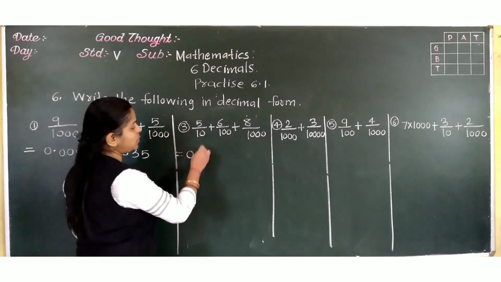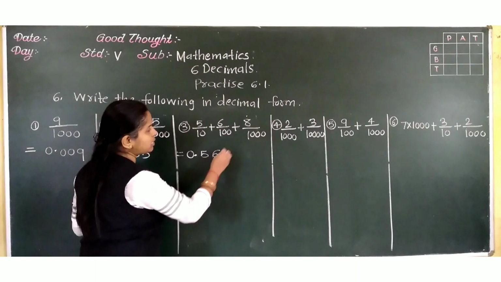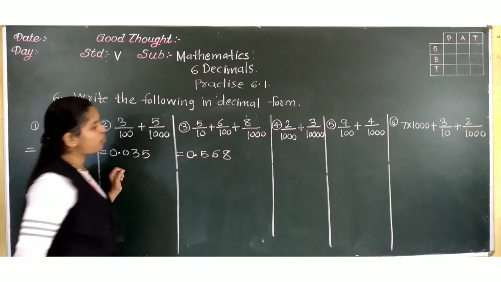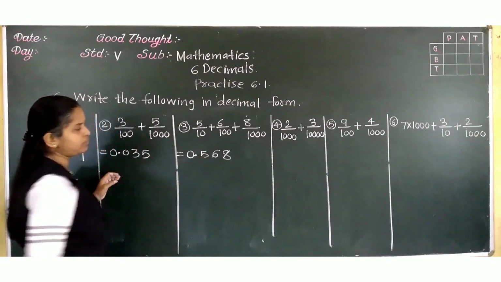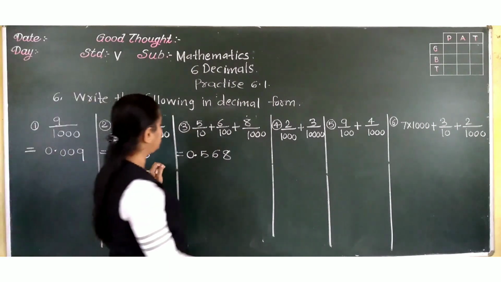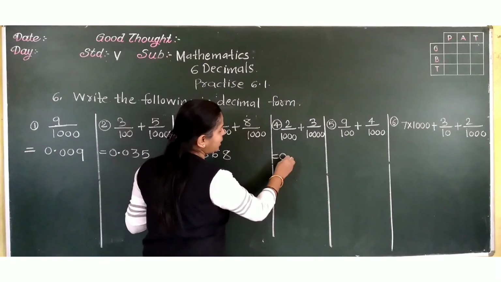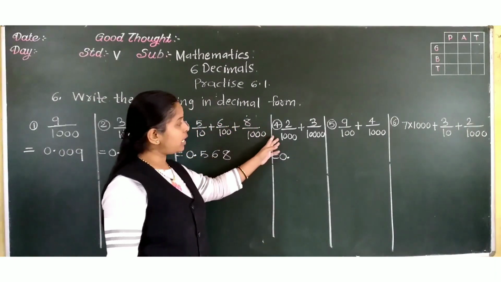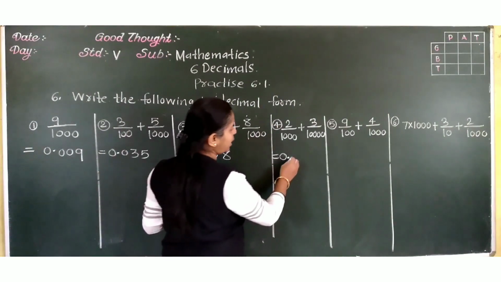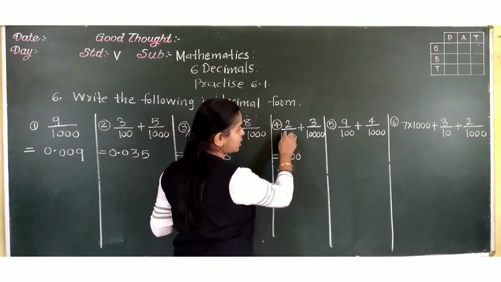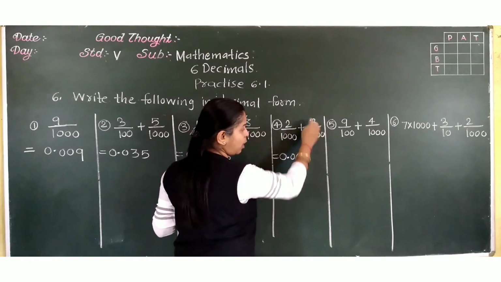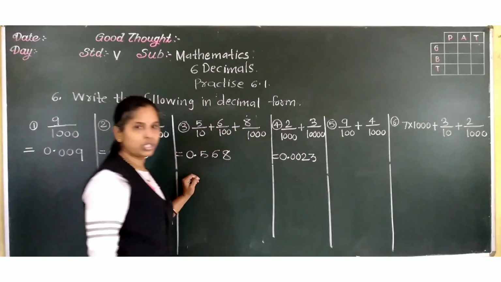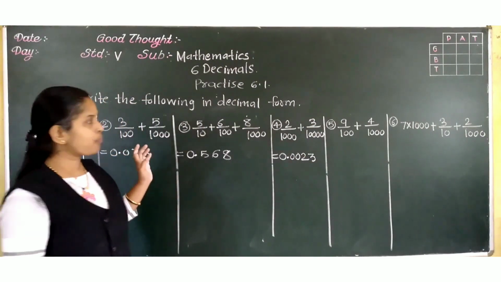Now see, tenths place 5, hundredths place 6 and thousandths place 8. So 0.568. Okay. Next, here see the whole part is not there, so 0 point. The tenths place is not there, hundredths place is not there, so write 0, 0. Directly thousandths place 2 is there and ten-thousandths place 3 is there, so 0.0023.